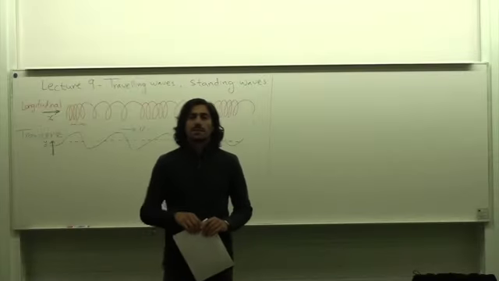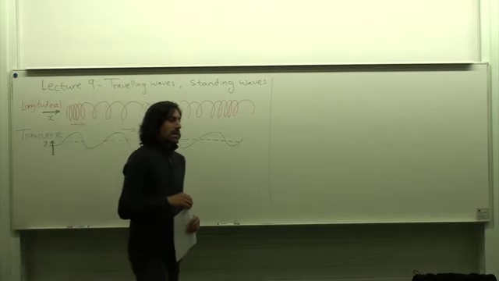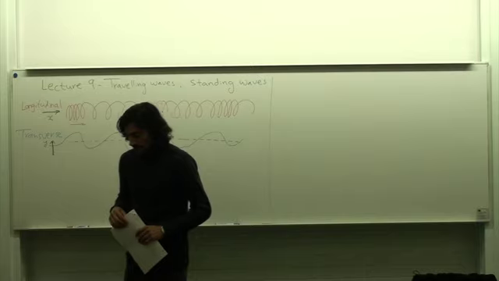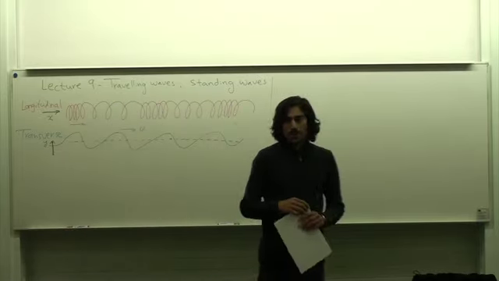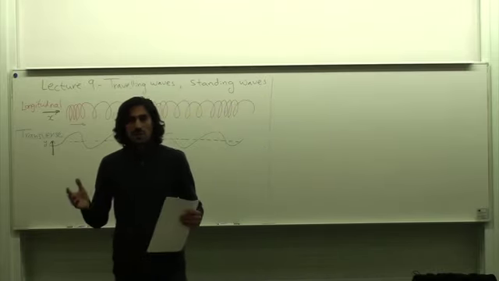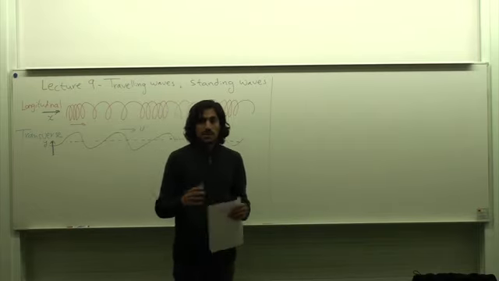Hello everyone. In the previous lecture we started looking at oscillations in strings. We took a very large number of coupled oscillators, and if it's infinitely large then we can actually describe a string.